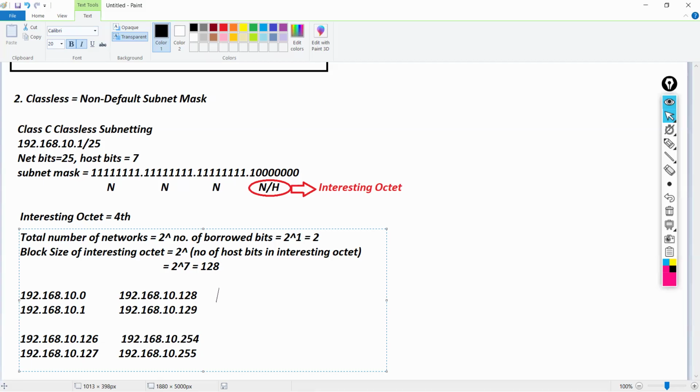The first address is the network ID, then you have the first valid IP, then the last valid IP, then the broadcast. This is clear. Okay.